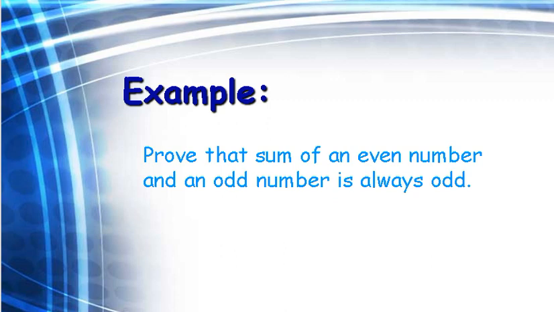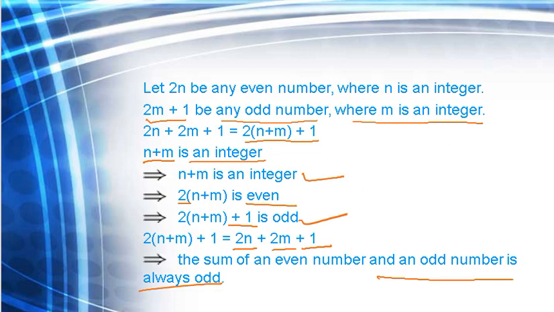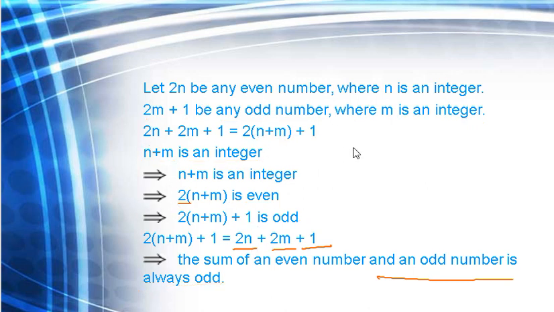Now take another example. Prove that the sum of an even number and an odd number is always odd, right? Let's see in the next slide. I have shown here to make you understand the statement is correct.